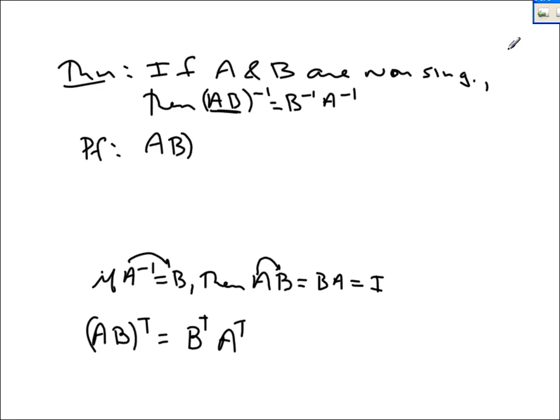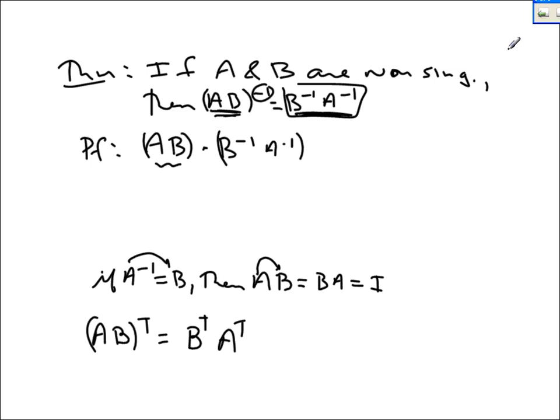The matrix AB times the inverse of AB, which is this. After all, folks, it says the inverse of AB is this. This is supposed to give me the identity.